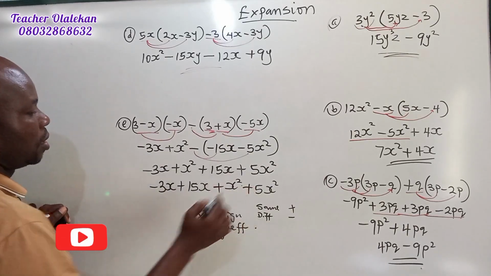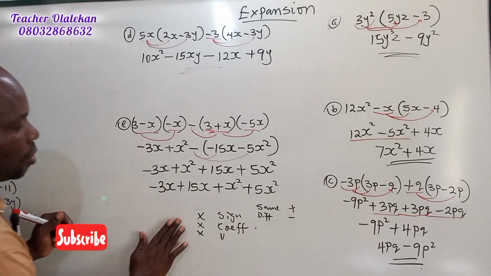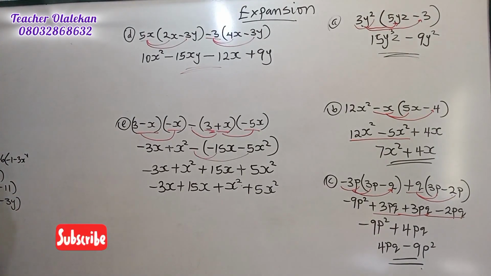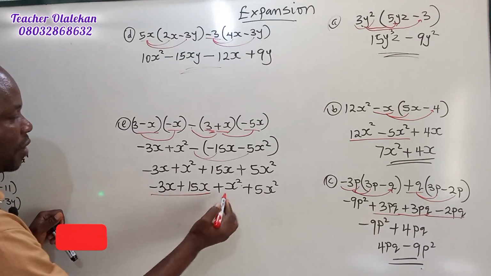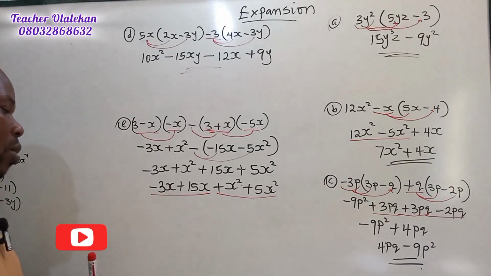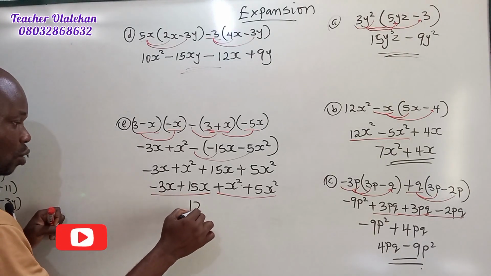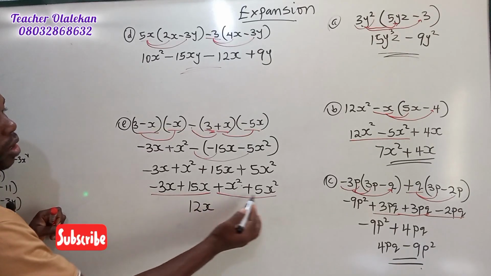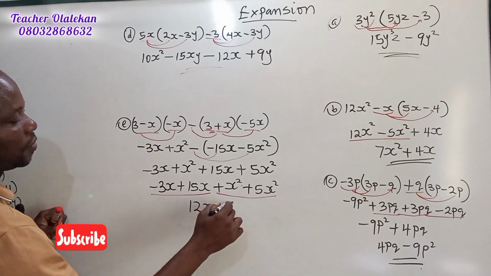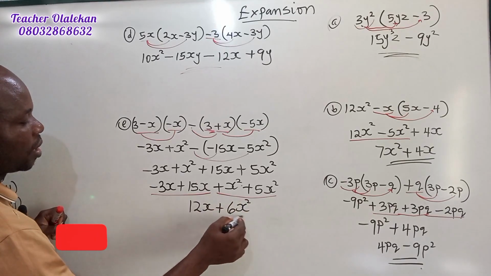This is squared, okay? So now let's bring down our final answer. Are we there? Yes. These two will be simplified, and these two will be simplified. So this will give us 12x, and this is positive 6x squared.